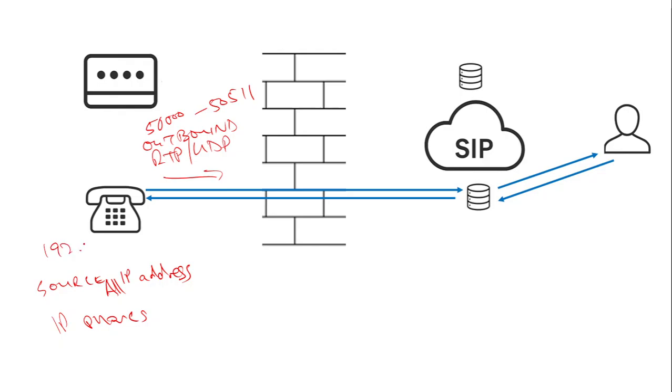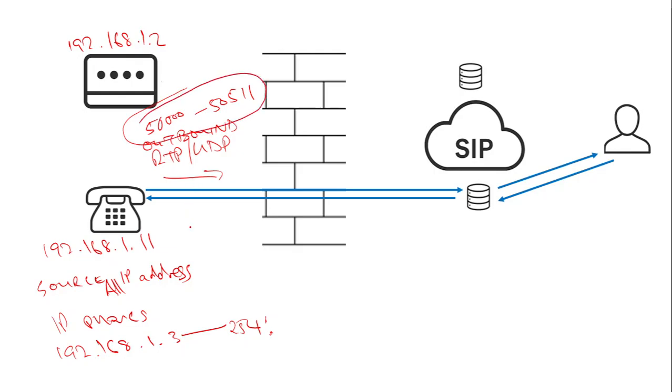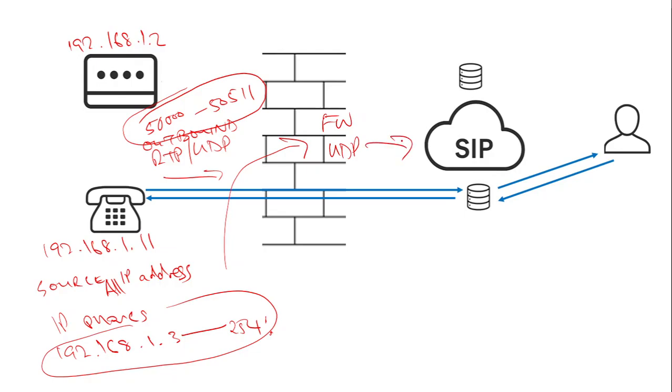If this phone was 192.168.1.11 and our controller is 192.168.1.2, we should allow all the IP addresses 192.168.1.3 up until 254. We should be able to allow them as source IPs together with this range of RTP ports. We should be able to allow them outbound on the firewall as protocol UDP. They should be allowed to go out.